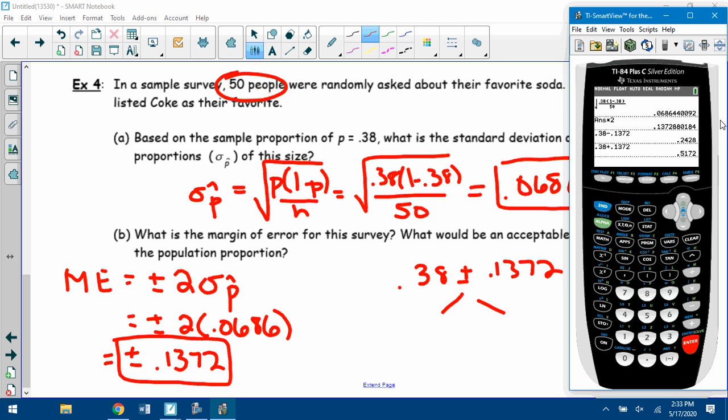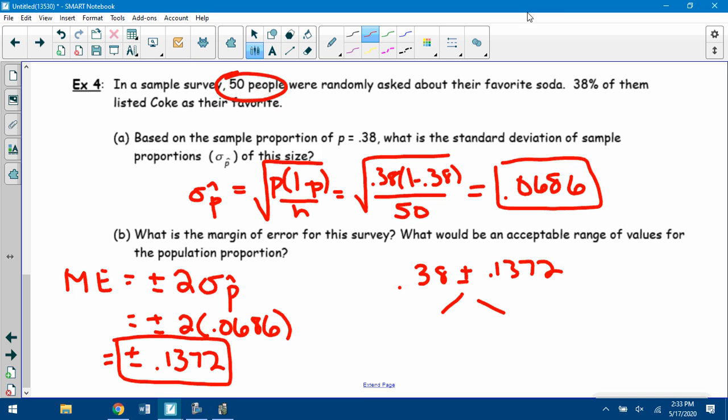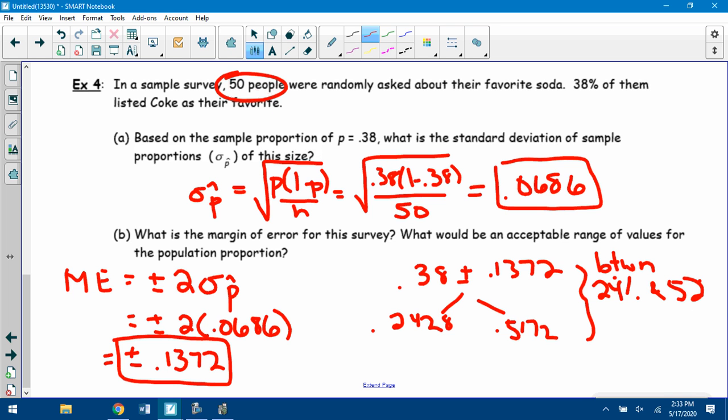So an acceptable range would be between about 24% and 52%. So we'd say about between 24% and 52% prefer Coke.